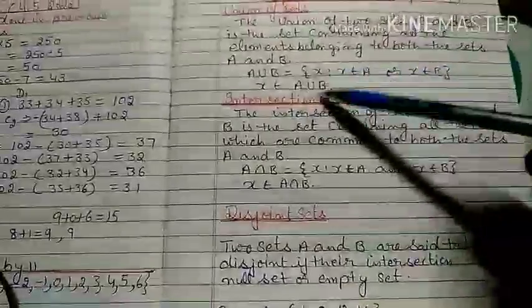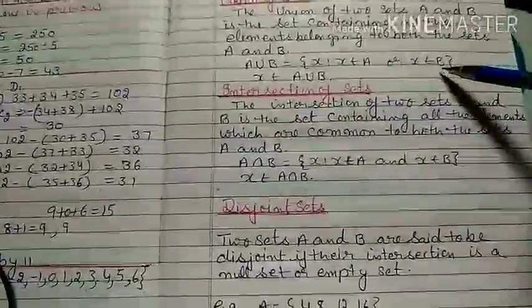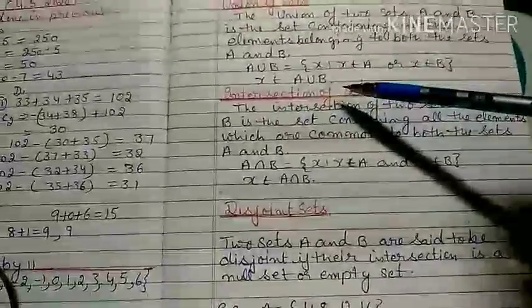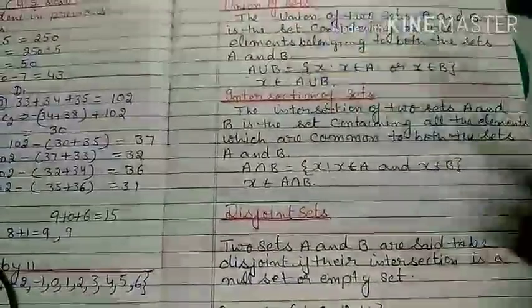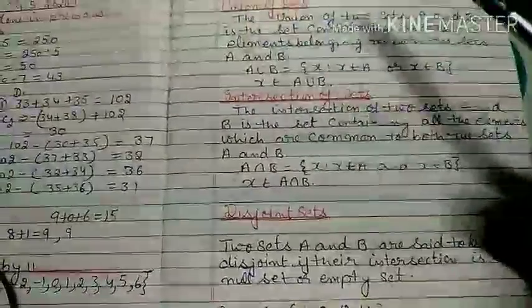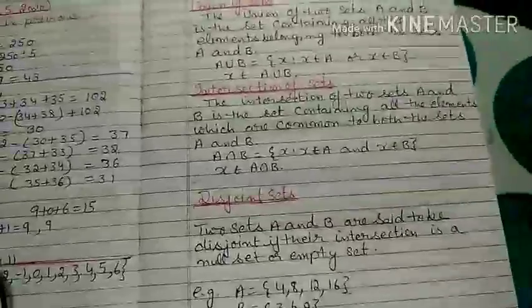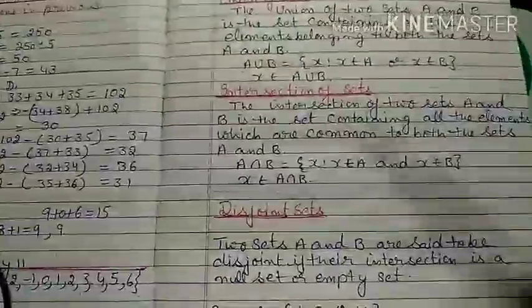Ultimately, the meaning of union is you have to write all the members of set A and set B in one single set in curly braces, and the set name is A union B, or you can give another name also, but you have to represent that A union B is the set.